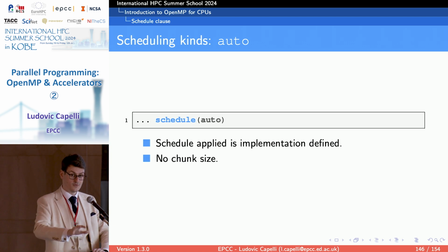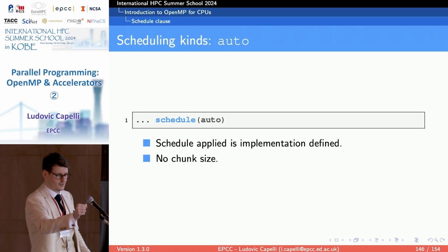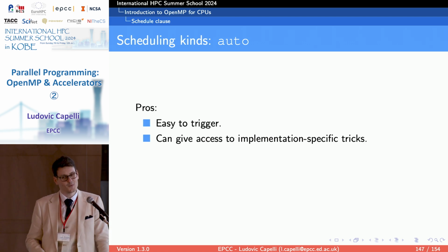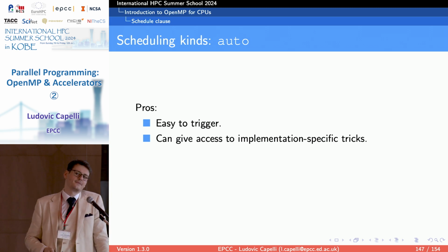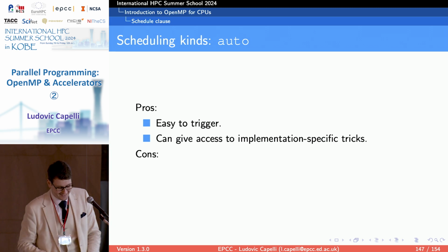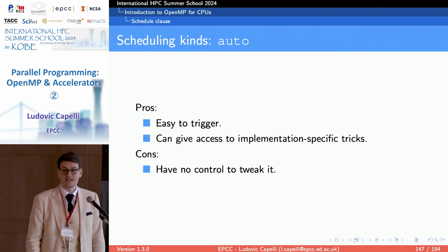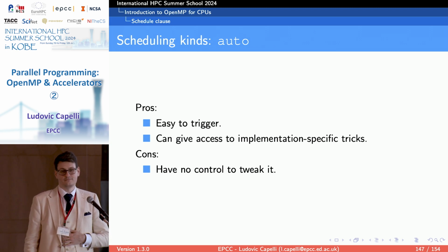It may use something of its own, using fancy heuristics, but it's really a go for it, we're all behind you, and hopefully it'll do something good. So I quite like it. Easy to use, but you have to have faith. If something goes wrong, too bad, you can't control it. You said auto, you told me I could do everything I wanted. If I did something terrible, too bad.